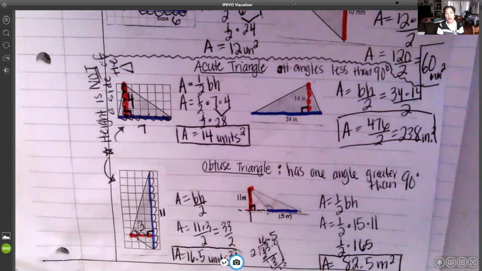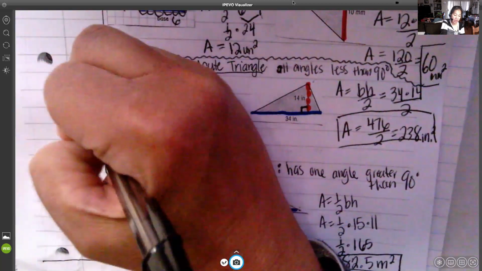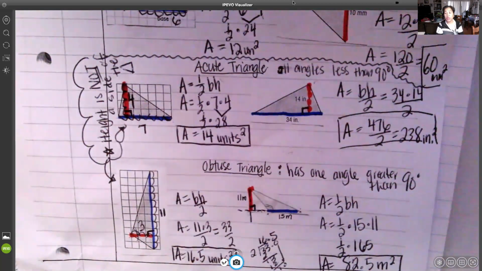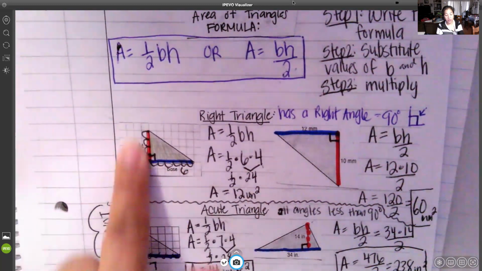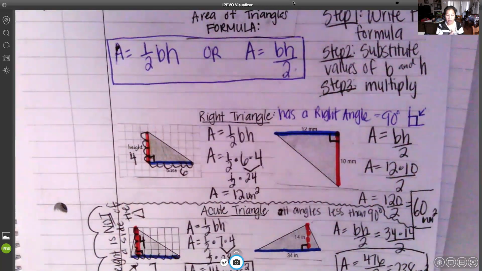When you have an acute and an obtuse triangle, the height is not going to be one of the other sides of the triangle. The only time the height is one of the sides of the triangle is if it is a 90-degree angle, a right triangle. Then I'll use 2 of the sides. I hope that clears that up.